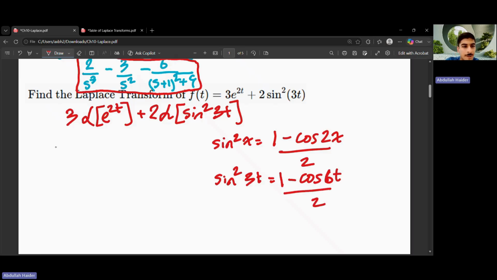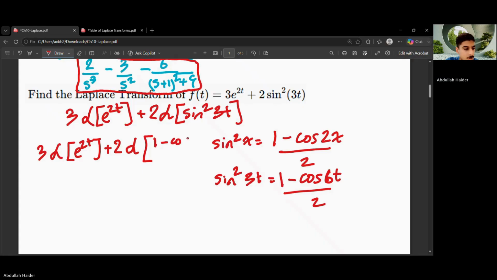So now we want to find the Laplace transform of e power 2t plus 2, Laplace transform of 1 minus cosine 6t over 2. So first we'll find the Laplace of e power 2t.